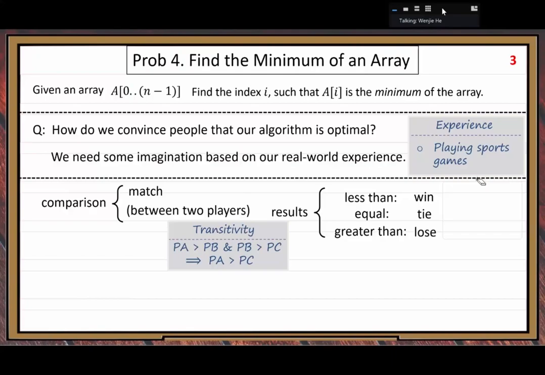But in the real world, when people play sports games, it's not true. If player A beats player B and player B beats player C, it is not necessary that player A can beat player C. It happens frequently. So in a real world situation, we cannot apply the transitivity property.